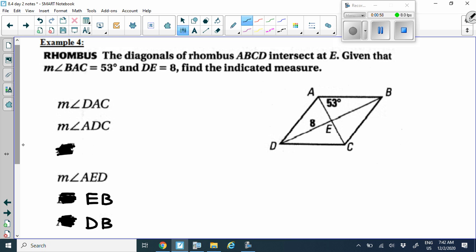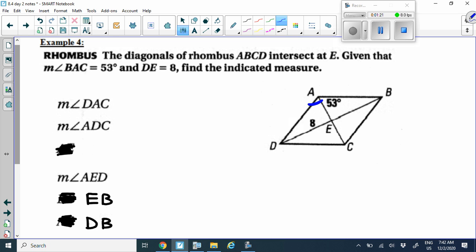So the first one is the measure of angle DAC. Now I'm going to go ahead and label that. We know it's an angle and it's this part, okay? So we need to figure out what characteristic can we use either from parallelogram or rhombus to find that measure. Well, we can actually use the characteristic from the rhombus that states each diagonal bisects a pair of opposite angles.